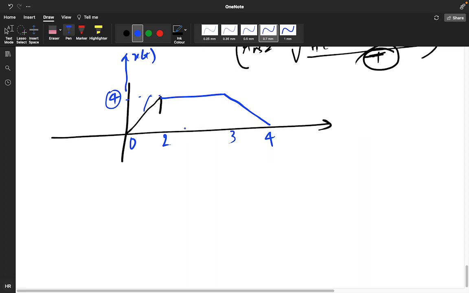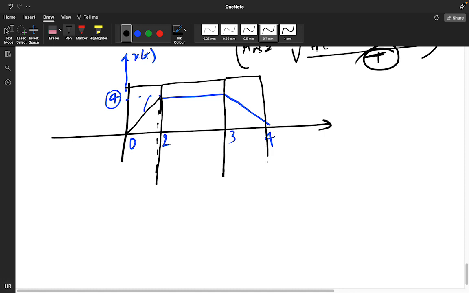And the shortcut is what? Divide it into 3 segments. This is my first segment, this is my second segment, this is my third segment. The first segment is a triangle, the second segment is a rectangle, and the third segment is again a triangle.